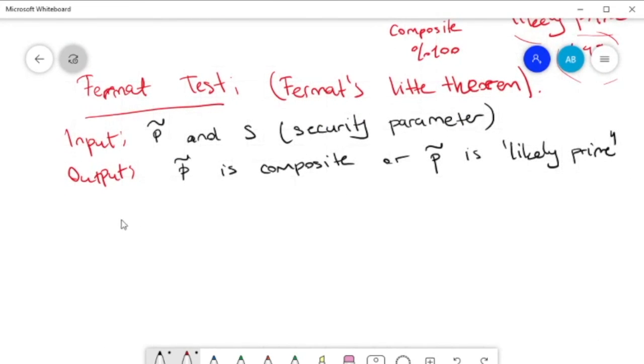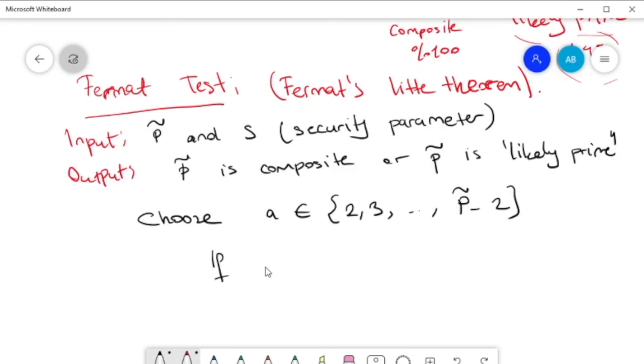And the algorithm is like this. We choose an element in every iteration. This is one iteration. Choose an element A from the set smaller than P. Then compute A to the power P minus 1 modulo P. This was Fermat's Little theorem.